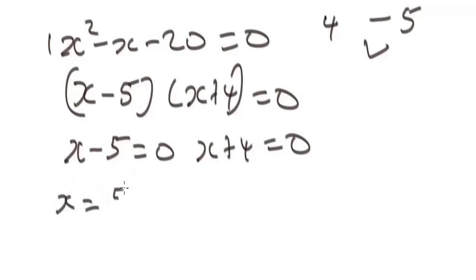So x equals 5 and x equals negative 4. Okay, so those will be the roots of this equation. When you plug in negative 4 and 5 in this quadratic equation respectively for x and do the math, you get 0. So let's probably solve another problem.